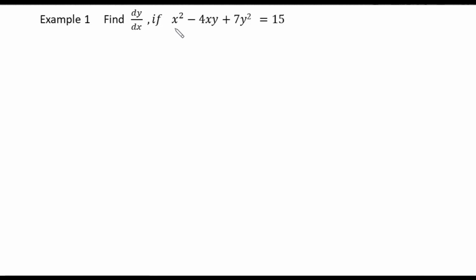So let's differentiate. x squared becomes 2x, and then you write minus 4, open a bracket, and differentiate xy. The first thing you do, you differentiate x and hold y, and then you differentiate y and hold x.